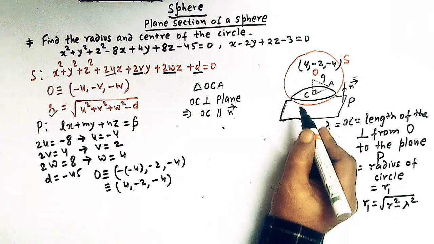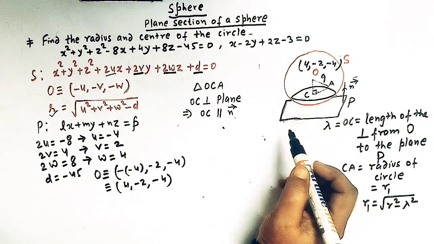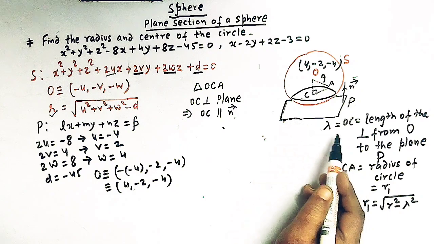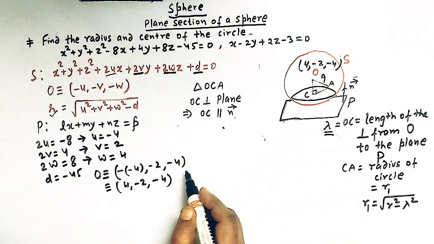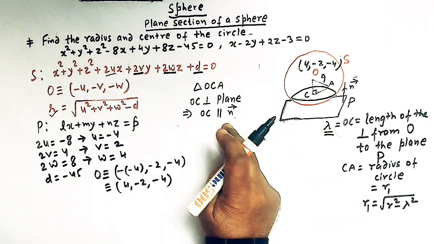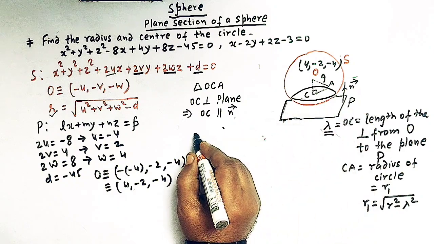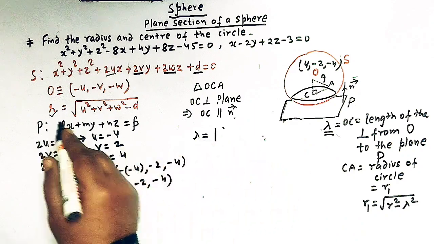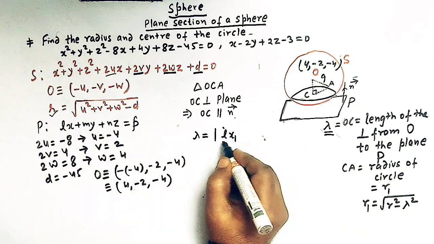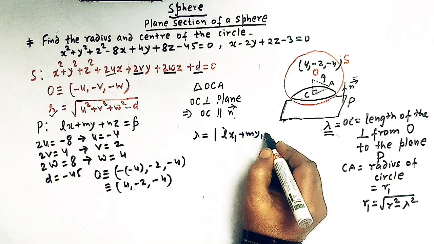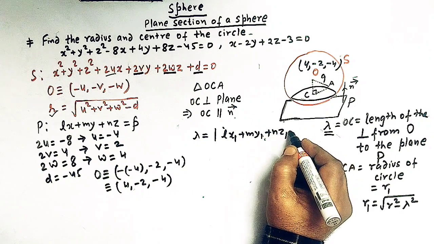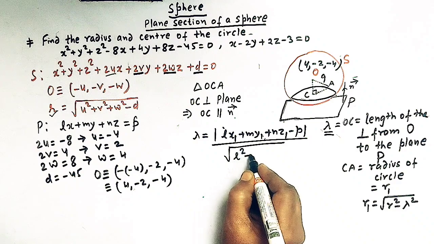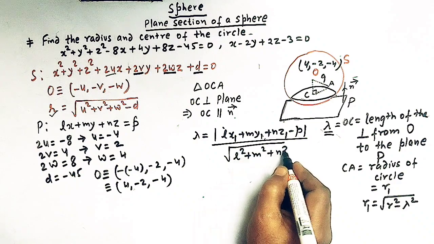So now let us find out the length of the perpendicular from point O to the plane P. That is, we have to find the value of lambda, and from the theory of a plane we know that lambda is given by the formula Lx1 plus my1 plus nz1 minus p divided by square root of L square plus m square plus n square, right?